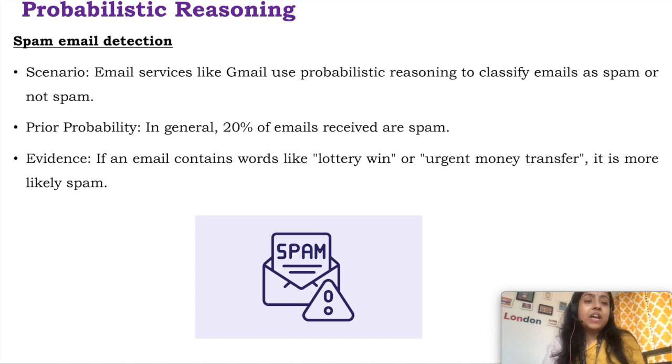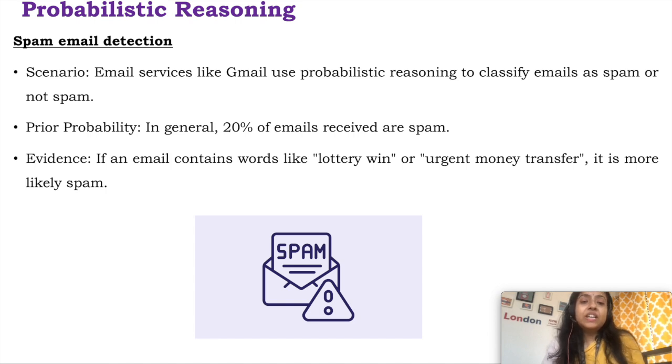So this is a prior probability which generally occurs. We have evidence that if an email contains words like lottery win or urgent money transfer, it is more likely to be spam. So I hope it's clear how probabilistic reasoning helps to detect spam emails in our email folder.